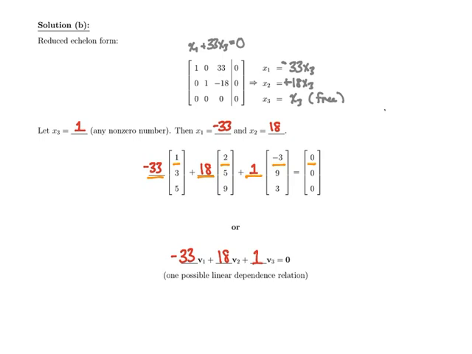And that is just one possible linear dependence relation corresponding to a non-trivial solution of our homogeneous system. We could get another possible linear dependence relation by looking at another non-trivial solution, of which there are infinitely many. Choose any other value for x3 and you get a different relation.